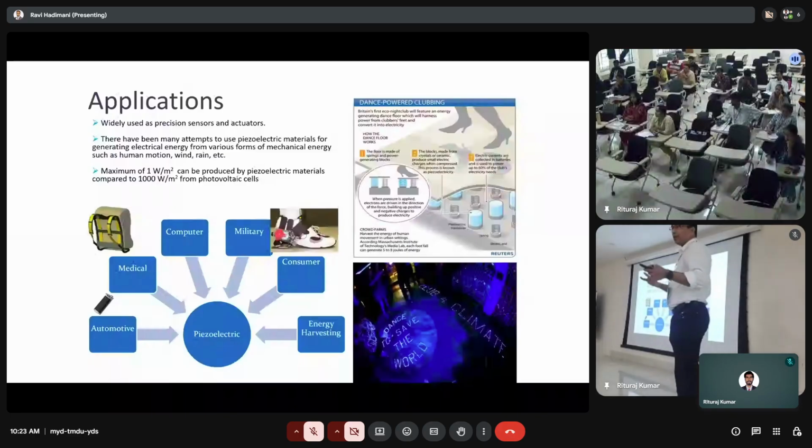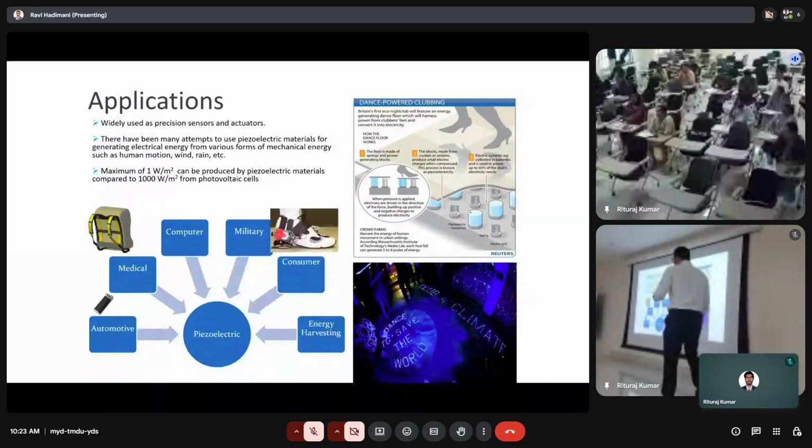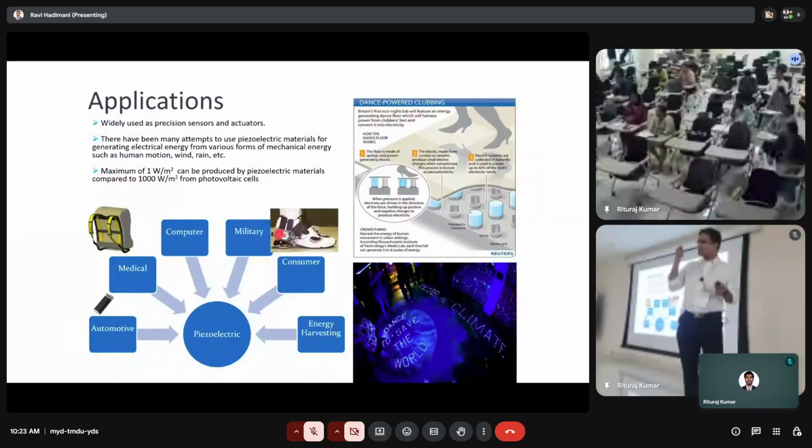And ultrasound imaging, you might have heard, is not just for imaging, also the heart nowadays. What is it called? Echocardiogram. Not sonocardiogram. Echocardiogram also uses a piezoelectric crystal. And it's so accurate that you can measure the blood flow, how much blood goes into the heart, how much comes out.